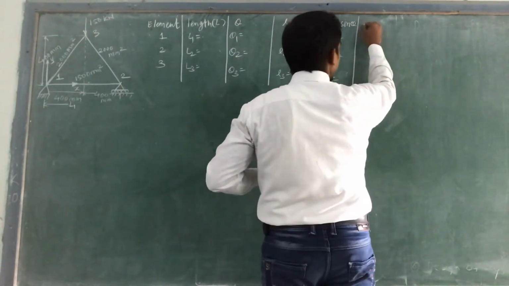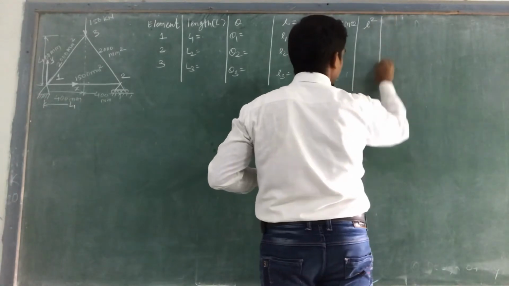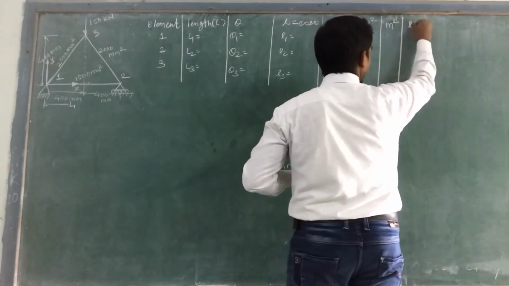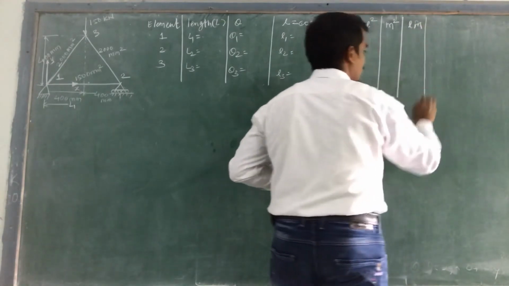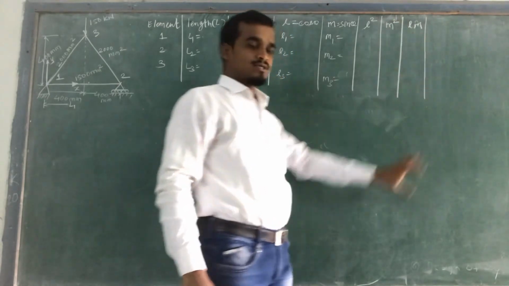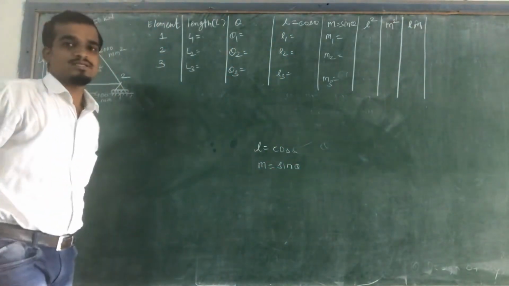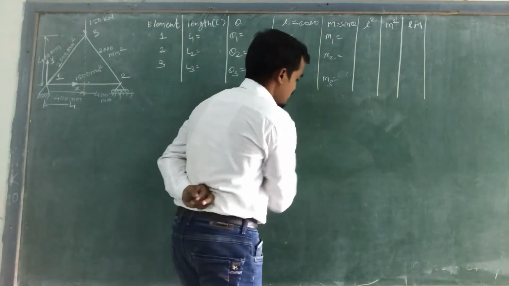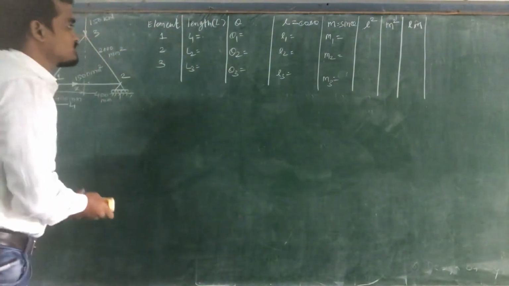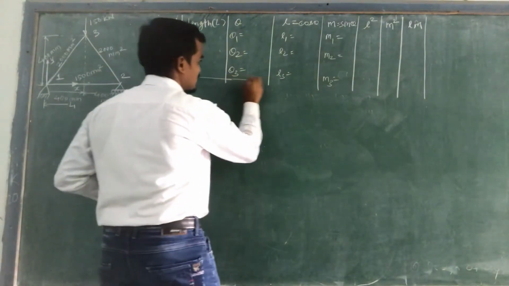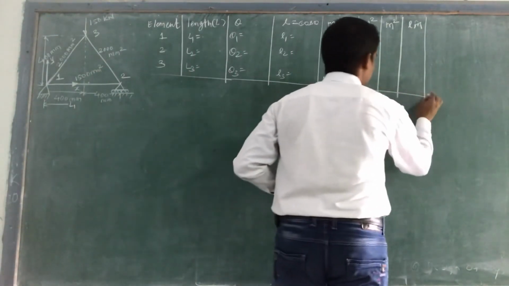Similarly, we need l square, we need m square, and we need lm also. Because all these l square, m square, and lm values are in your elemental stiffness matrix. So we need to first find out this table. So this table we need to construct initially.